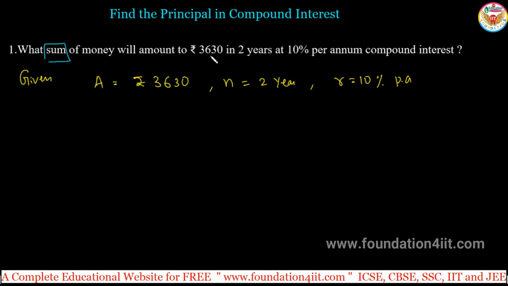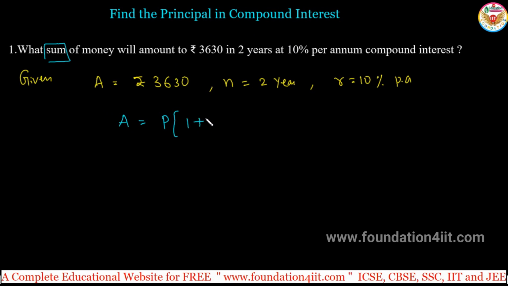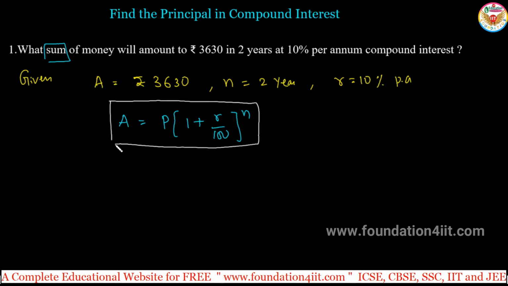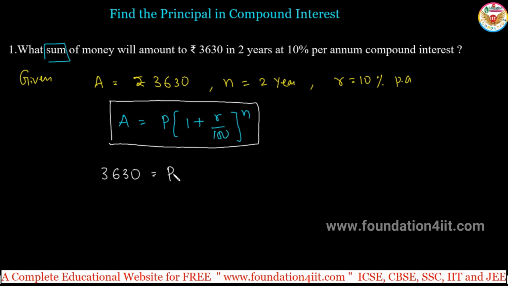The formula will be the same: A is equal to P into 1 plus R by 100 to the power n. In this formula we will directly substitute the given values. Amount is given, 3,630, that is equal to P, which we have to find out.